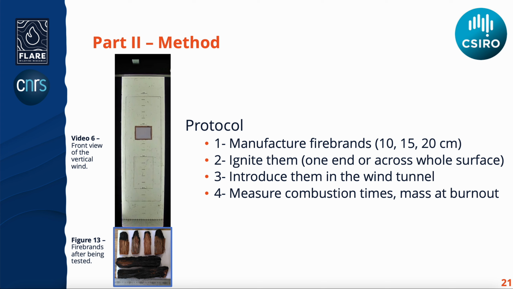We will then dry them in the oven for 24 hours at 105 degrees. The day after, we will ignite them at either one end or across the whole surface. One end is what you see here in the top, where firebrands are already ignited at one end, and across the whole surface is across the whole surface of the firebrand, of course.